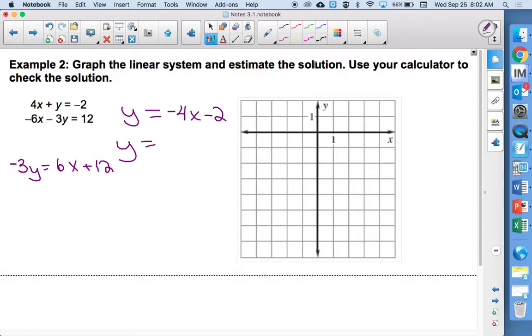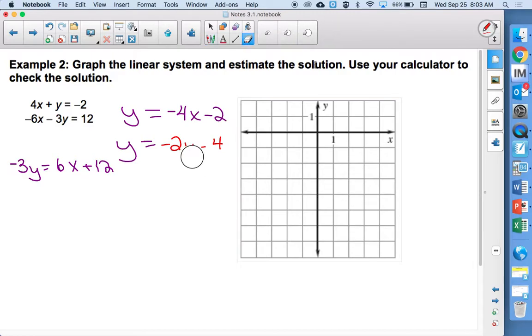That one's just moving the x to the other side. And then when we take the 6 to the other side and divide by negative 3, Jack, the second equation is? Y equals 2x minus 4. Yeah, and I think it's a negative 2x. Oh, yeah.